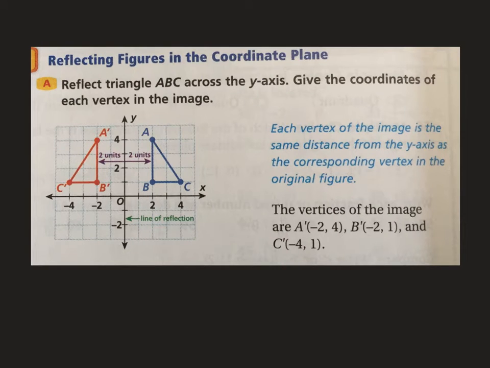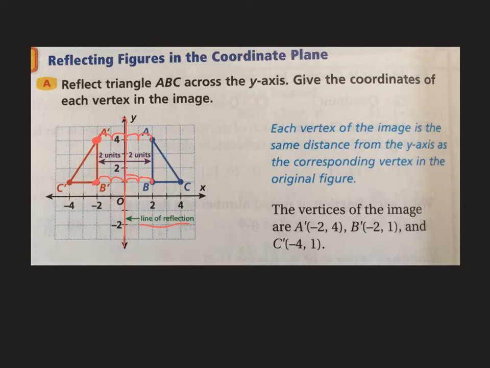Now I need to reflect this image, okay? Here's how I do a reflection. I really pay attention to the y-axis here, or my line of reflection, as you can see it's called here. So here I have B. I'm going to count. B is 1, 2 spots from my reflection line. So that means B prime needs to be 2 spots from my reflection line on the opposite side. Again, A is 2 spots to the right, so A prime is 2 spots to the left.